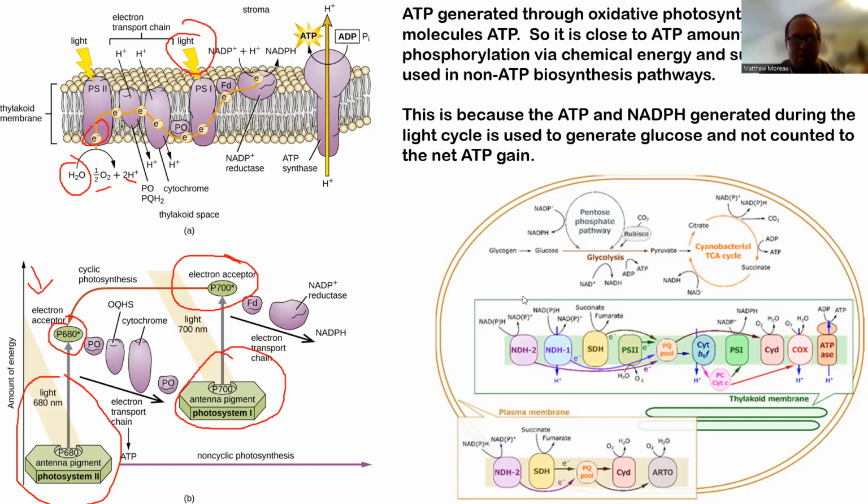So at photosystem 1, the energy is kind of like reset, right? That's why we call it cyclic photosynthesis, because it takes energy to move that electron along the membrane. When it gets to photosystem 1, there's not enough energy to then move the electron past photosystem 1.